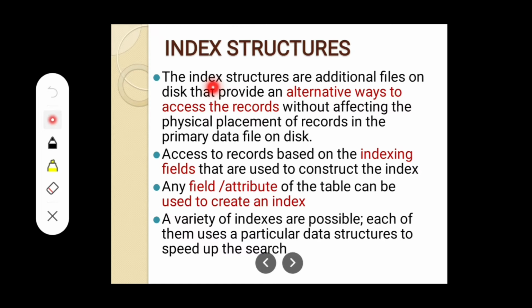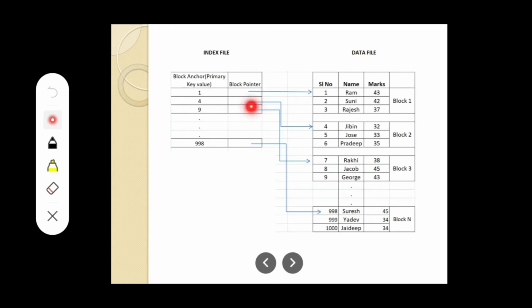Index structures or index files are additional files on the disk that provide an alternative way to access the record. It is an alternative method to access the record, and it is not going to affect any data or information stored in the record.